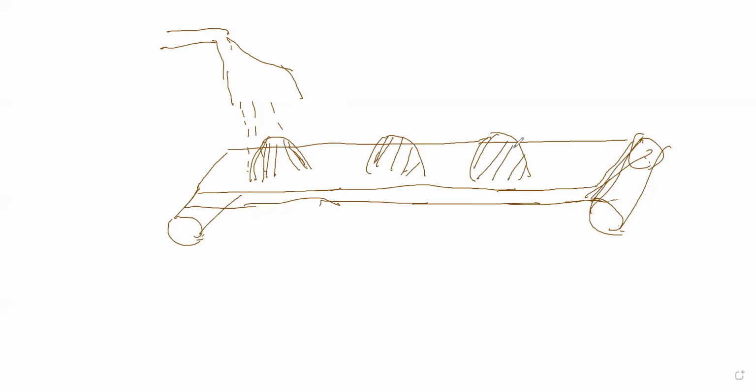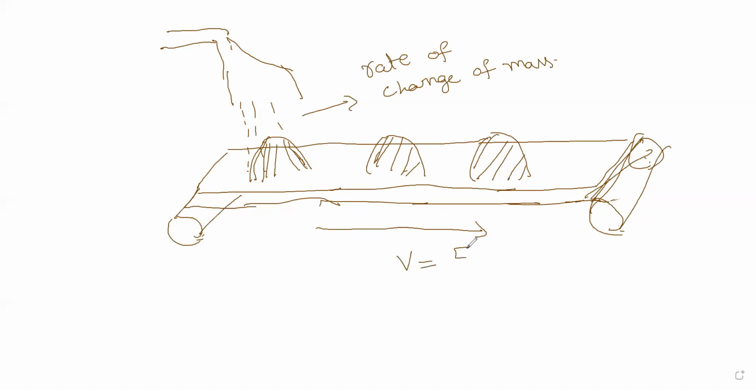And now here comes the situation. Rate of change of mass will come into the picture here. Assume that this conveyor belt is pulling the heaps with a velocity of 5 meters second inverse.